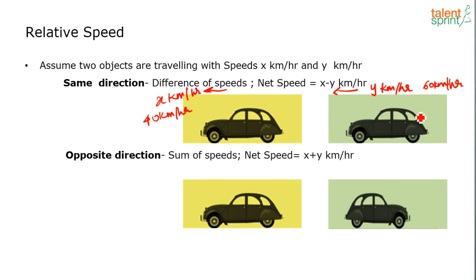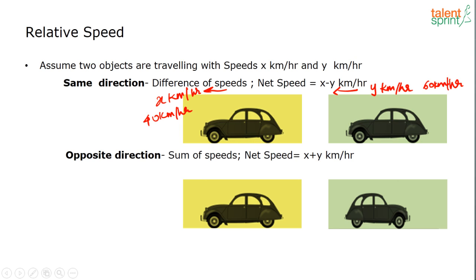After some time, the car traveling at a faster speed will overtake this car. So what is the relative speed here? When we calculate the relative speed of two objects traveling in the same direction, we consider the net speed as the difference between the speeds of the two objects. So here the relative speed is y minus x, or 60 minus 40, which is 20 kilometers per hour.